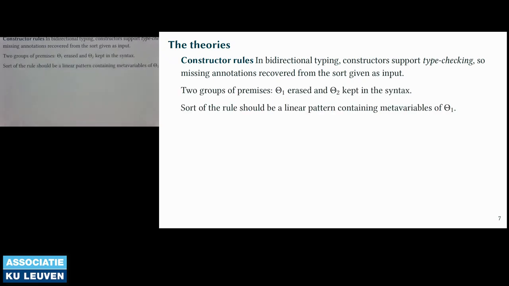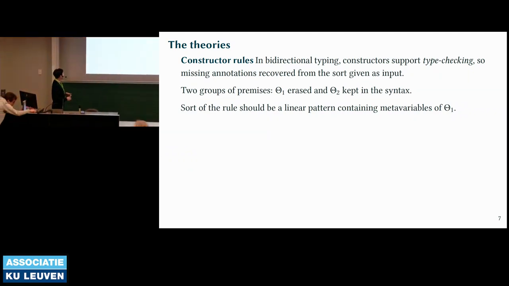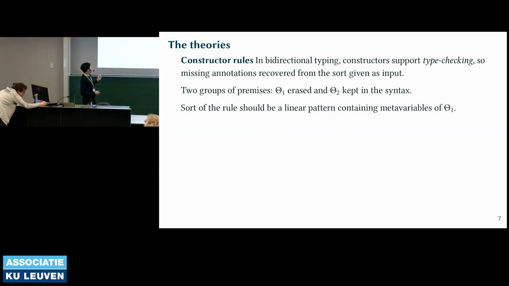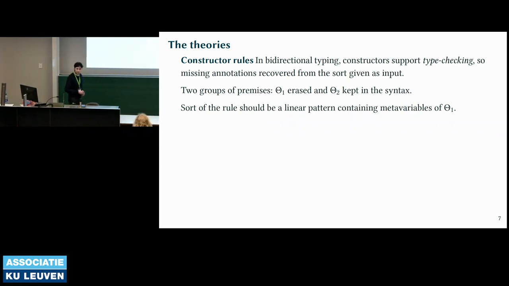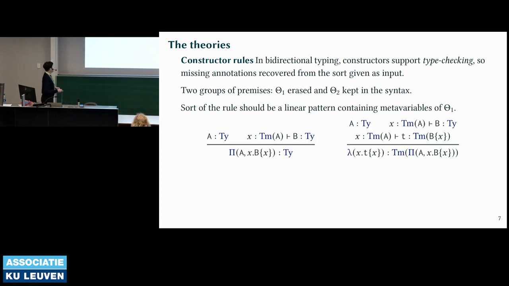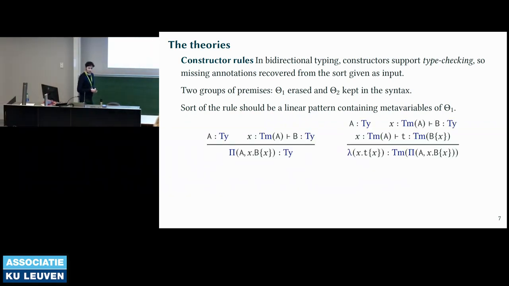To capture this, we separate the premises of the rule into the premises that are erased and those that are kept in the syntax. Then we require that the sort of the rule be a pattern on the missing meta-variables. The pattern here is not in the usual sense. There are some restrictions: notably, it should be linear, and we should only have constructors in the pattern. We have two examples of constructor rules.